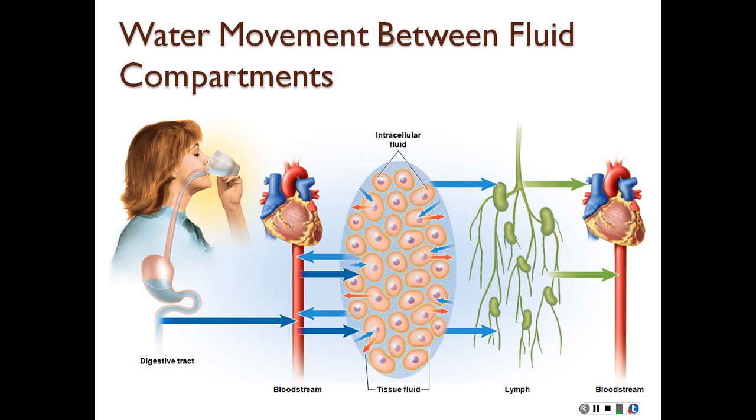So water has nowhere to go but the bloodstream or out through feces. We know feces has water content as well. So that water comes into the digestive tract and is sent on to the bloodstream. Then what happens?